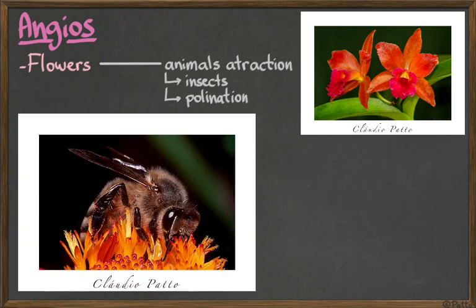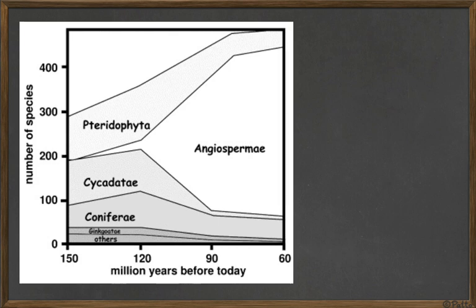And this brings a quite curious point about the relationship between insects and flowering plants. If we take a look at the history of plants, around 150 million years ago, actually a little bit more, the angiosperms showed up, but they started becoming very abundant and more important than any other group around 100 million years ago.